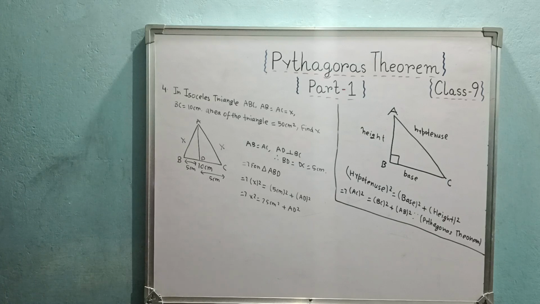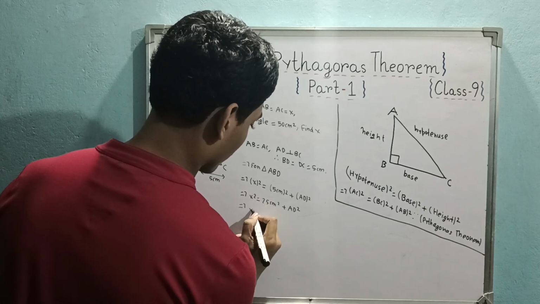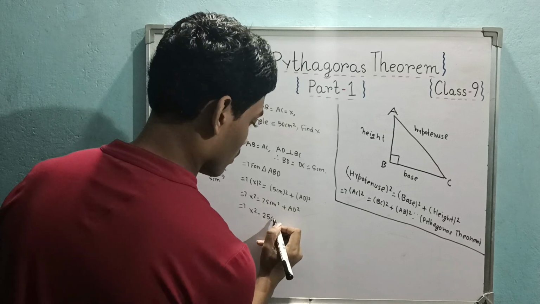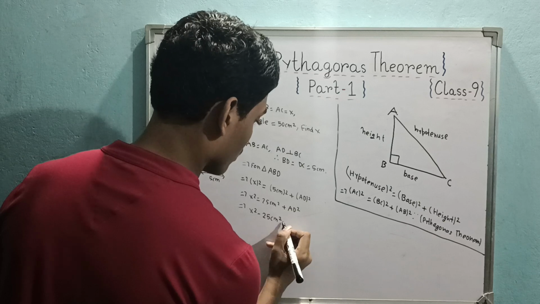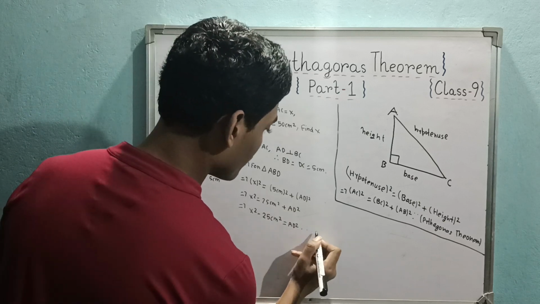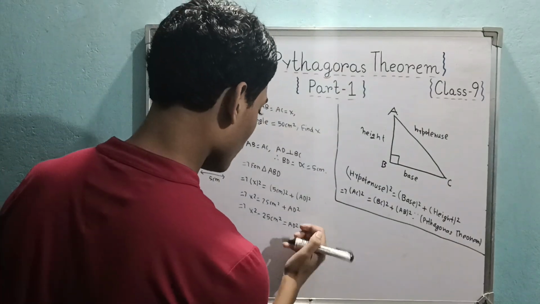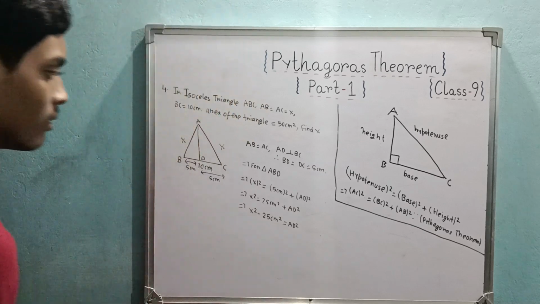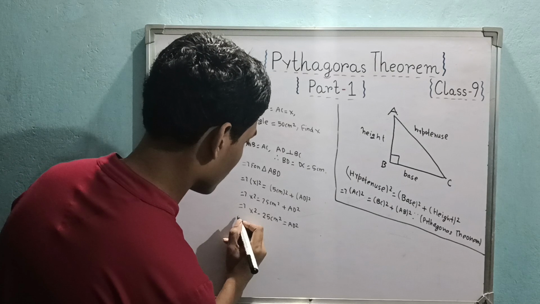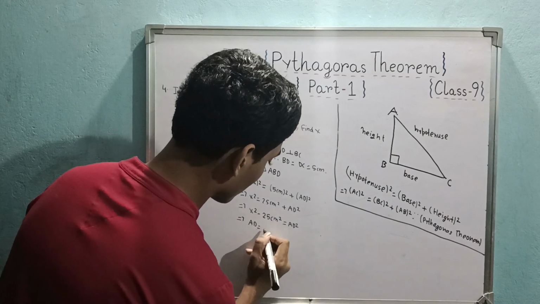Very well. Or x square minus 25 centimeter square equal to AD square. So let it be like this. Okay, so here x square minus 25 equal to AD square. Or AD equal to what?